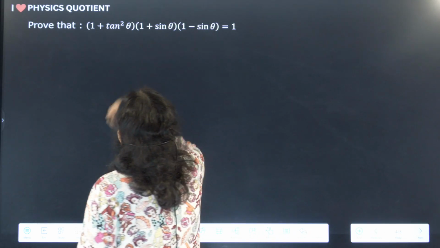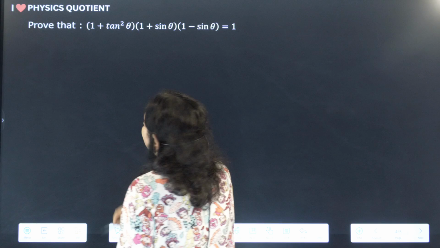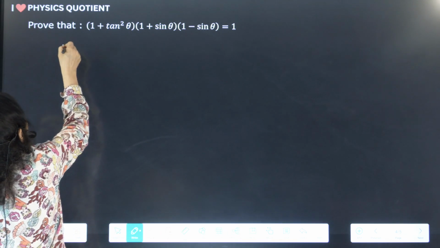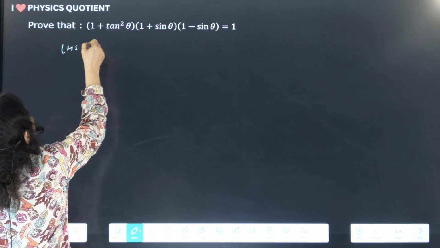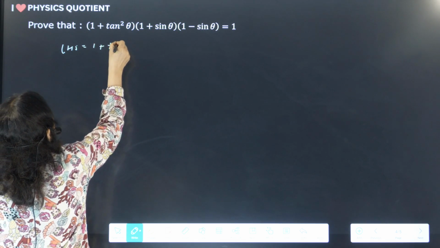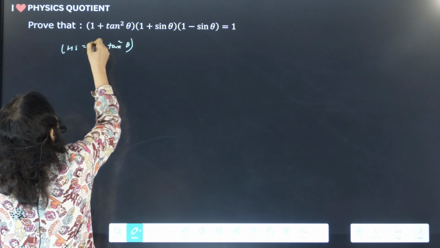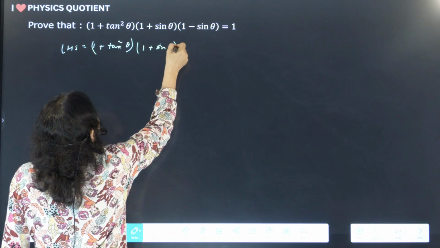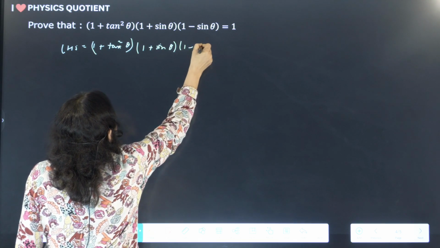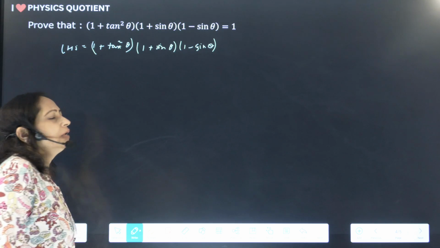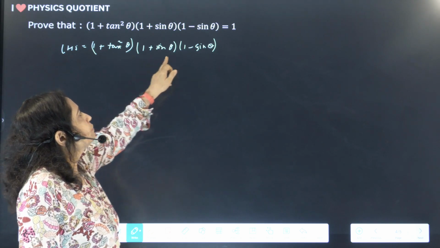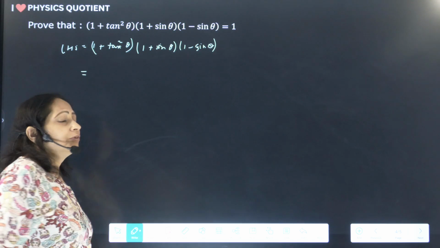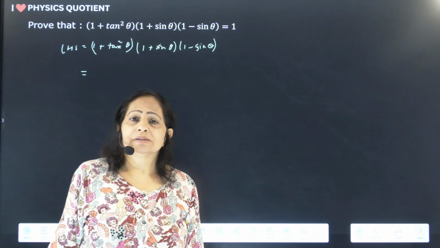Prove that (1 plus tan square theta) into (1 plus sin theta) (1 minus sin theta) equal to 1. So LHS equal to 1 plus tan square theta into 1 plus sin theta and 1 minus sin theta. Here again applying a plus b, a minus b, that will be a square minus b square, and 1 plus tan square theta is sec square theta.